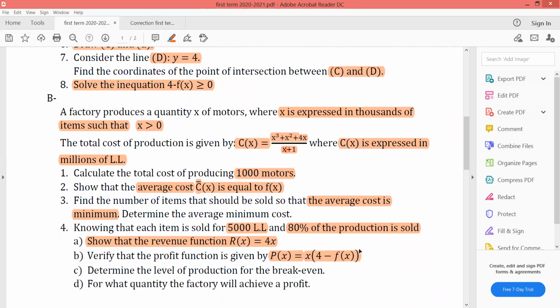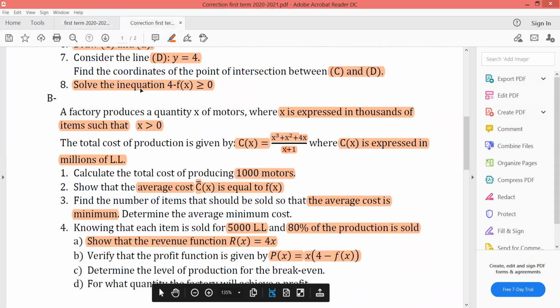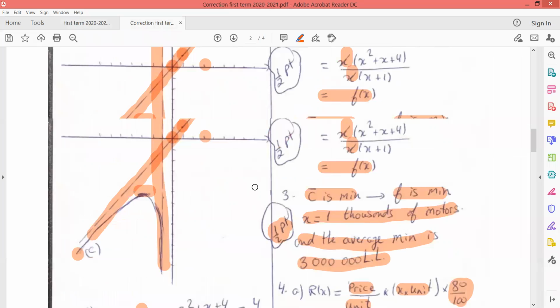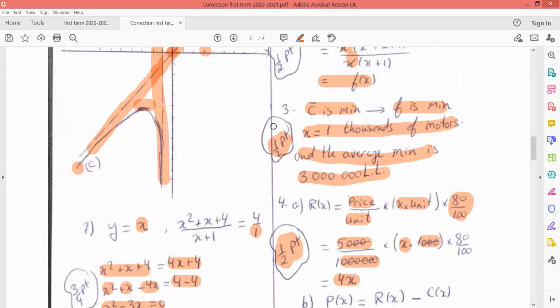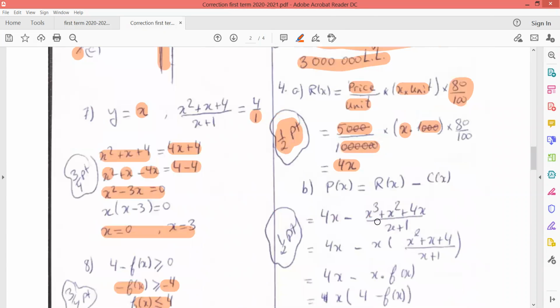The revenue already is determined: 4x. The cost, we know from here that the average cost equals C(x) over x. So the cost equals x times C bar in x, times f(x). So revenue minus the cost, the revenue is 4x. This is the cost.